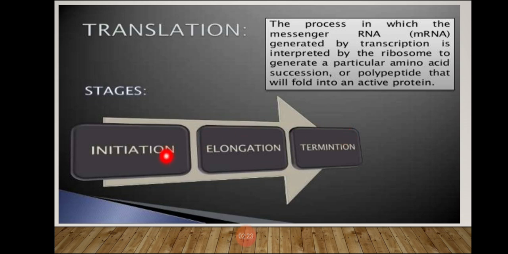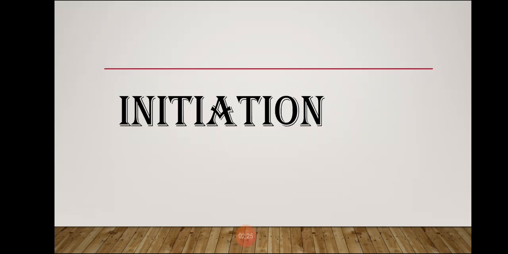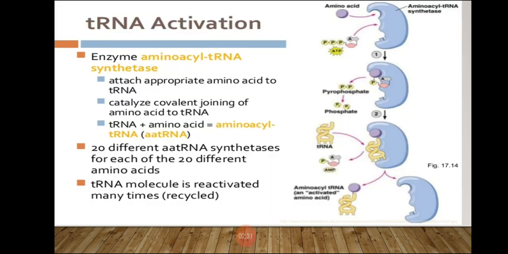Starting with the first step, that is initiation. In initiation, the first and essential step is tRNA activation. Before translation, we have to do the activation of amino acids. It is an essential step before translation, for which ATP is essential.